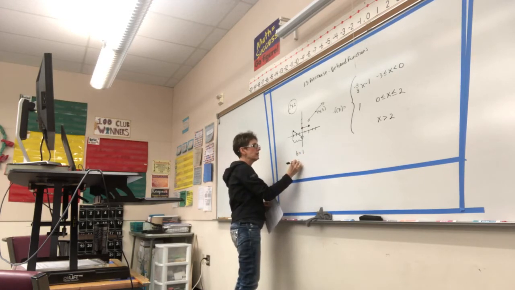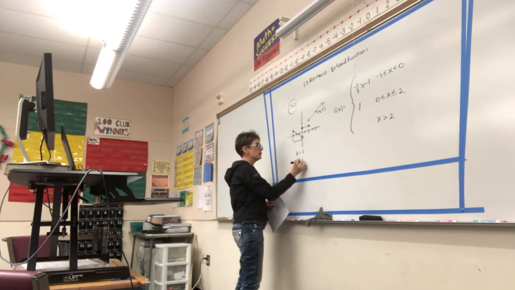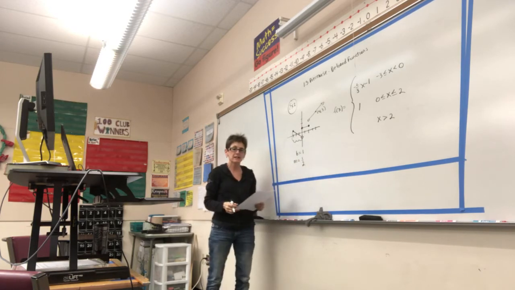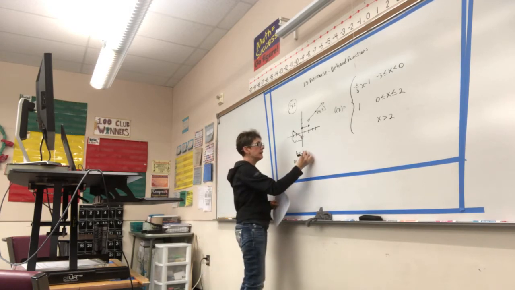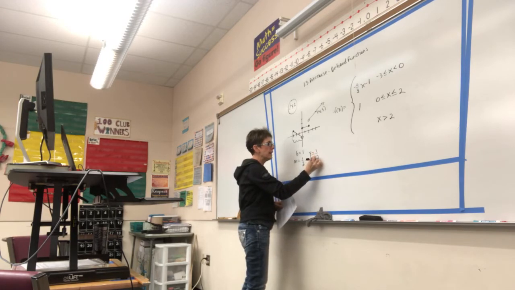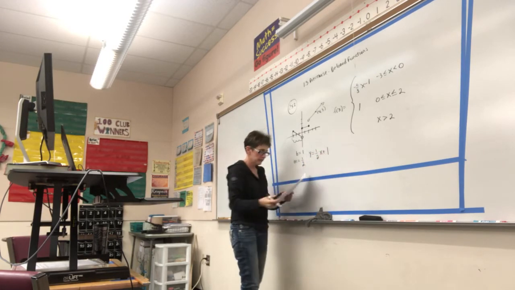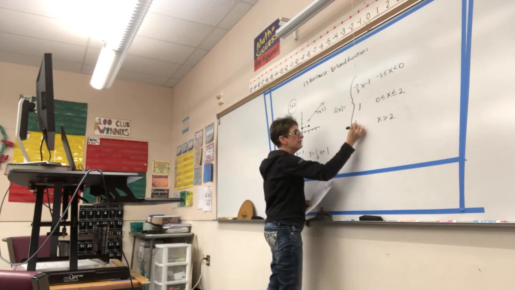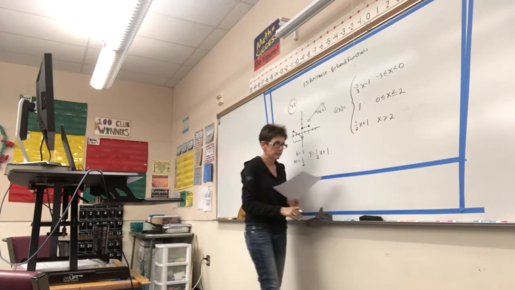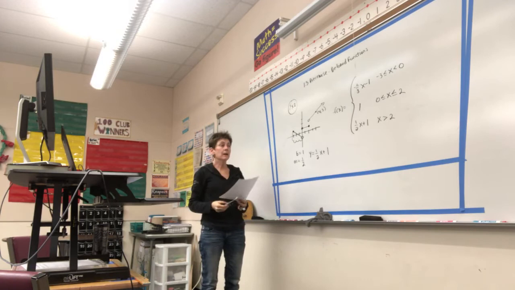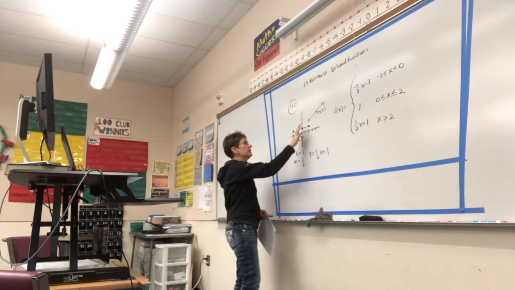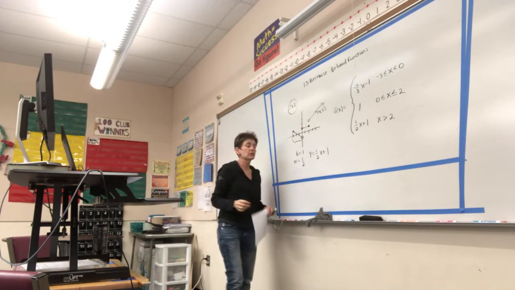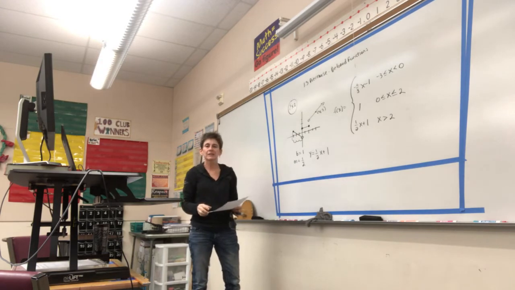The slope, if I count it out, is up 1 over 2, so it's 1/2. So this is the line y equals 1/2 x plus 1. So I'm going to write the 1/2 x plus 1 here. And that would be it. That is a piecewise function that describes the graph that we were given. So I hope that was helpful.